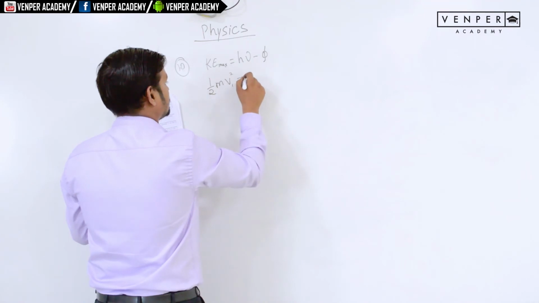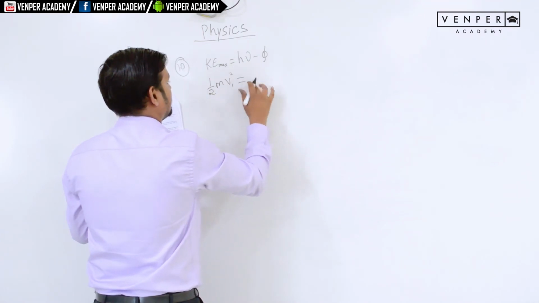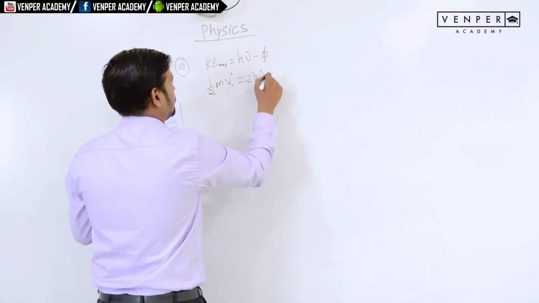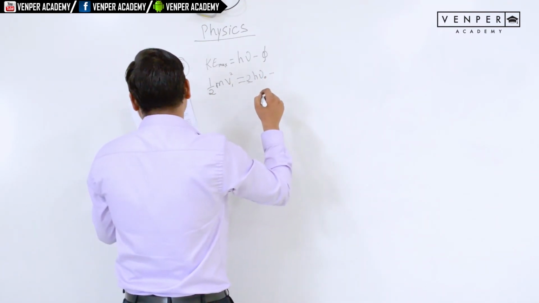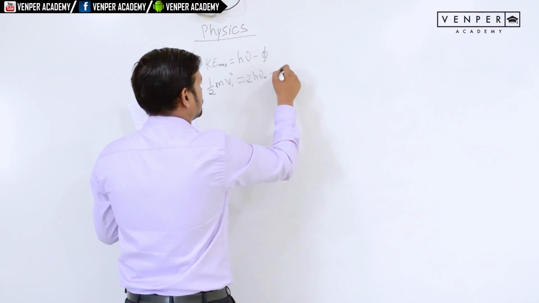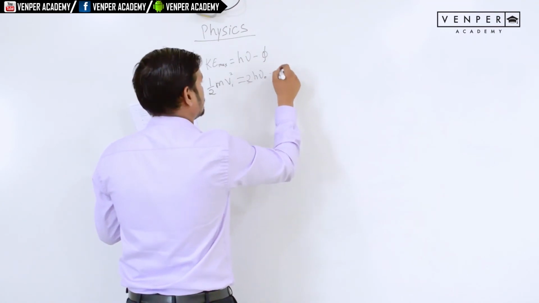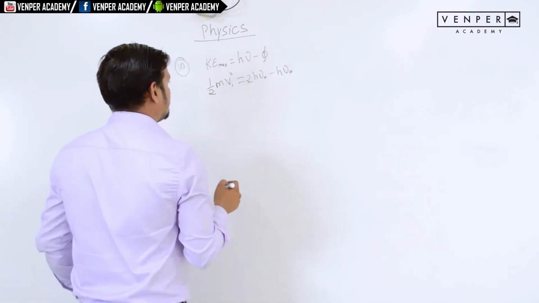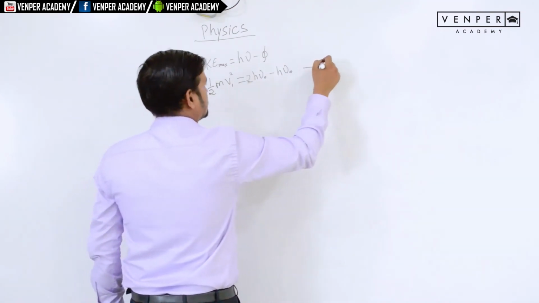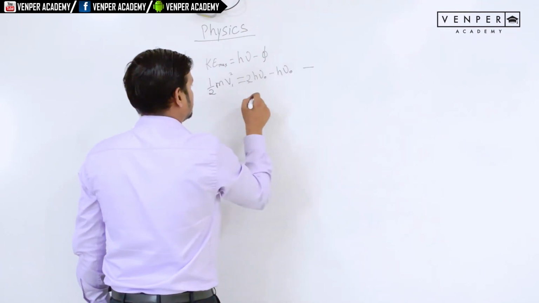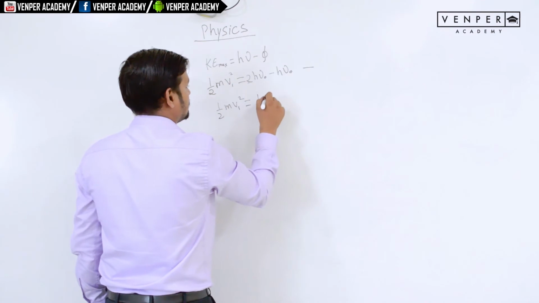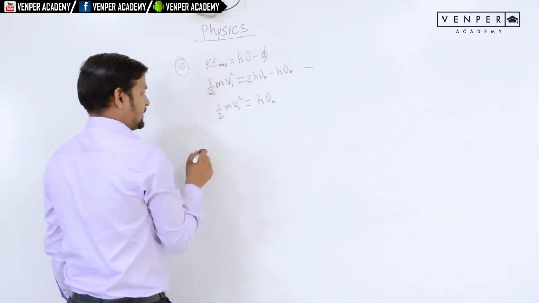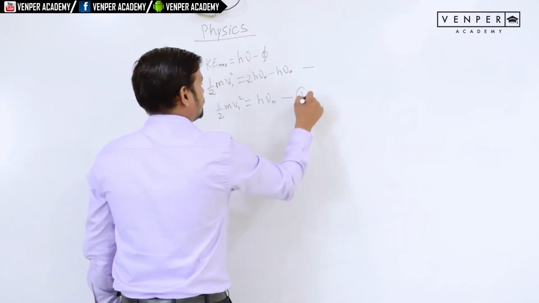That frequency is 2 h nu naught minus, and threshold frequency is given as nu naught, so it will be equal to h nu naught. Clear? So this is your first case. So here you can say that half m v1 square is equal to h nu naught. This is your maximum kinetic energy. So you can say that this is your first equation.